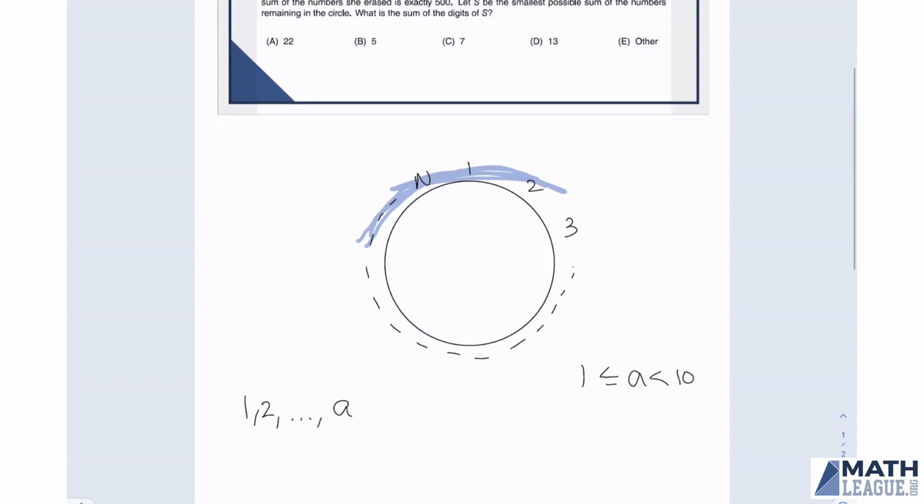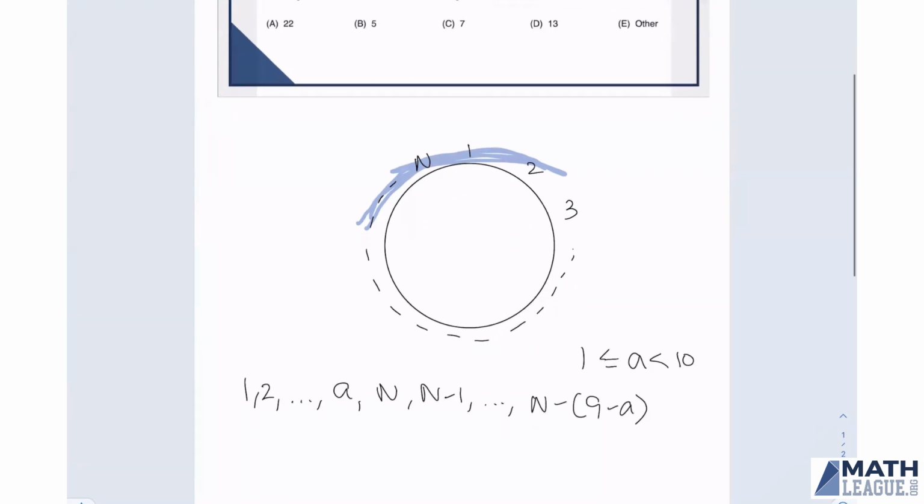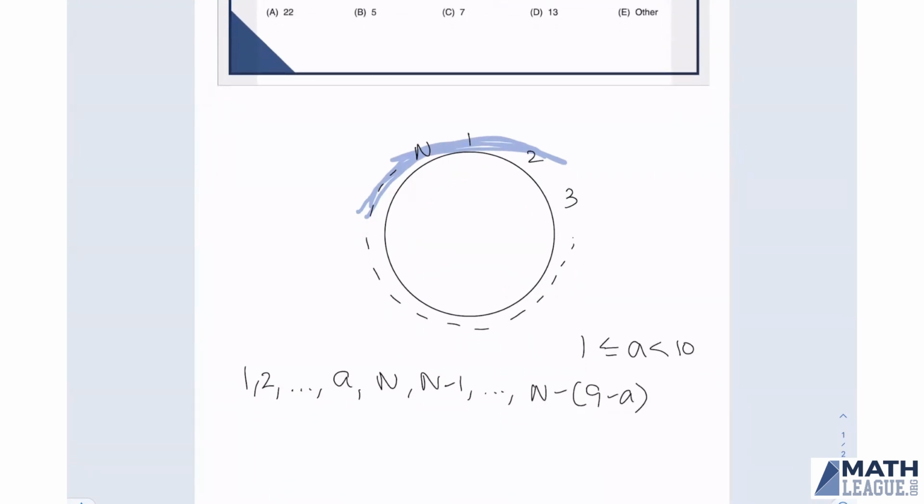And also including n minus 1, all the way up to n minus 9 minus a. And we can verify that this is exactly 10 numbers because we have a numbers here, 1 number here, and 9 minus a here. And these three numbers sum up to exactly 10.